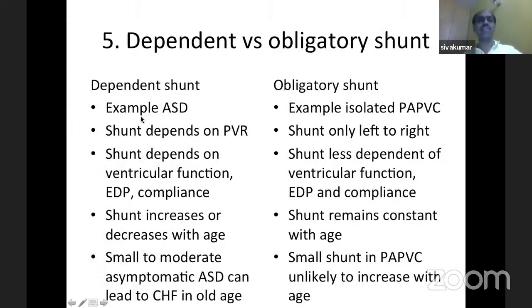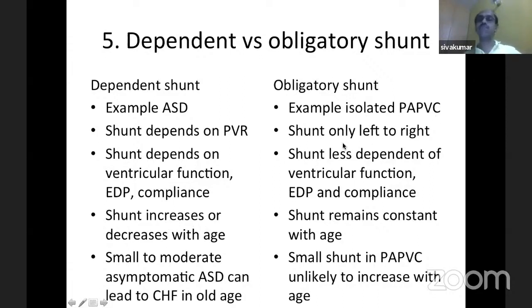Dependent versus obligatory shunt. A dependent shunt is a pre-tricuspid shunt like an ASD, which depends on the SVR PVR ratio, which depends on the ventricular function, ventricular EDP, and ventricular compliance. This may keep increasing or reducing with the age of the patient. Whereas obligatory shunt is one that is seen in conditions like isolated PAPVC.